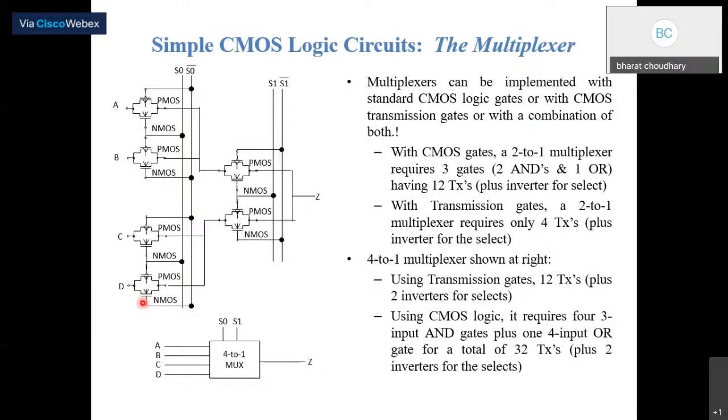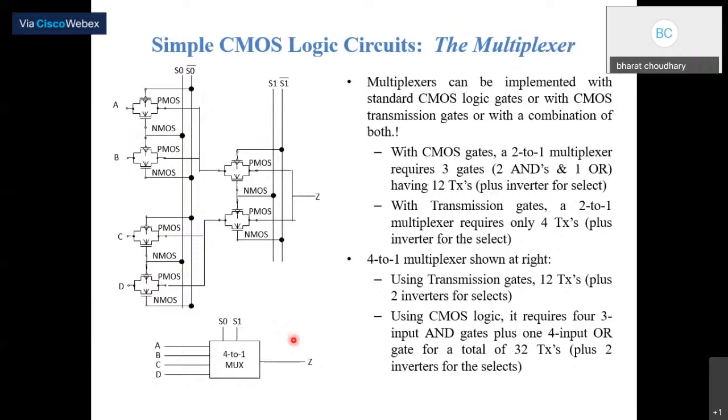Similarly, if S0 is high, these are connected. S0 is high means S0 bar is low. S0 bar is low means this circuit will pass on A, and if S0 is high, that means this will pass on A and C.